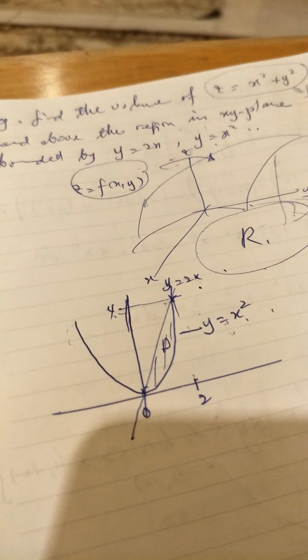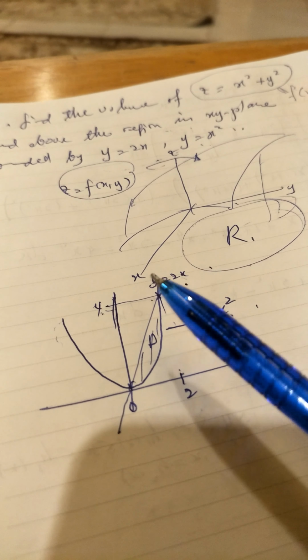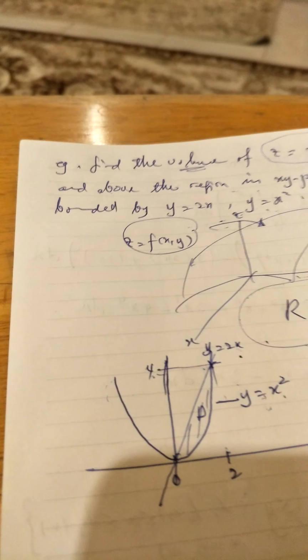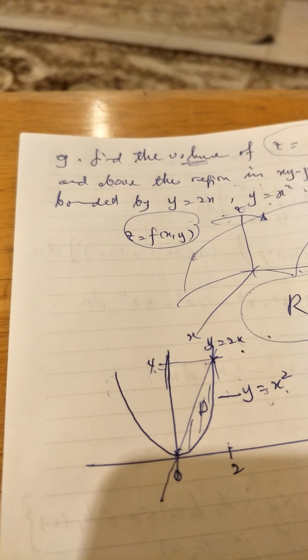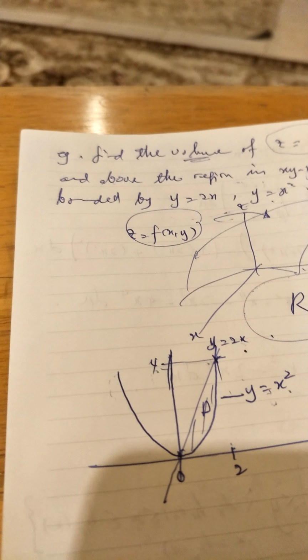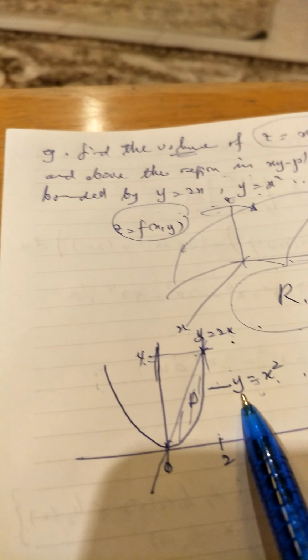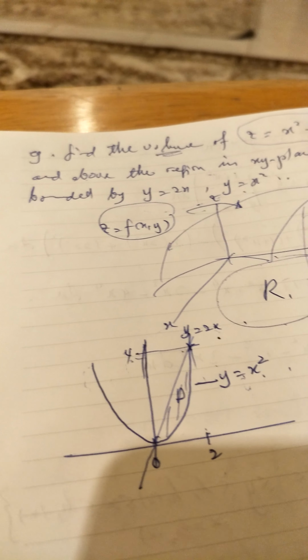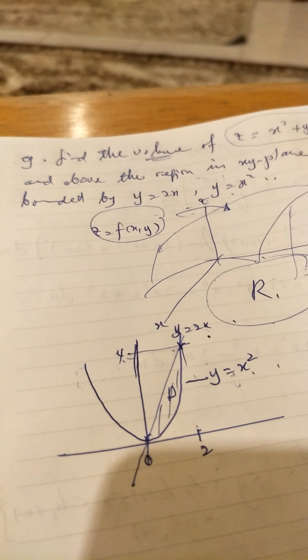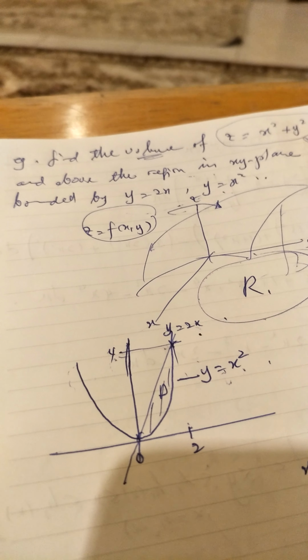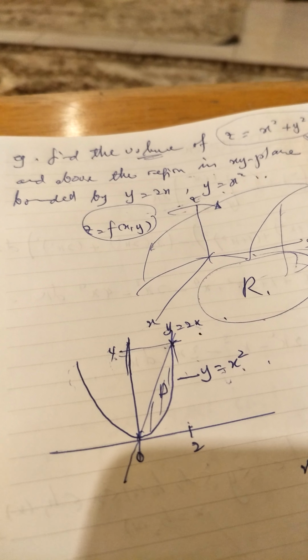Okay, so in order to evaluate this, why do we have volume here? If you plot in 3 dimensions, you have y equal to x squared, this is x, y equal to x squared. So you have something like that. Another one is y equal to 2x, so you have something like that.